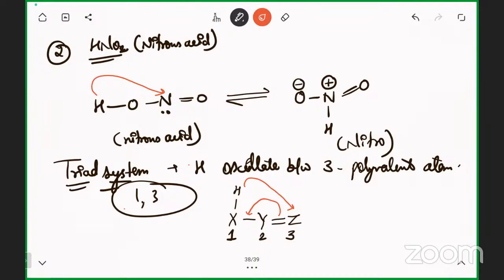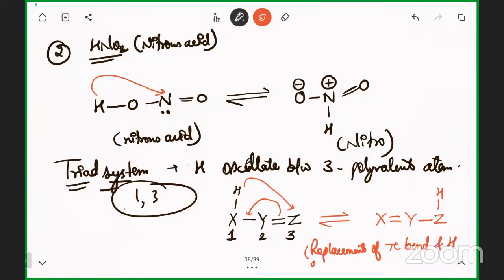The new compound formed will be X having a double bond with Y, single bond to Z, which is having the hydrogen. So you can see there is a replacement of the pi bond and hydrogen atom on the first and third positions. I'll show you some examples.